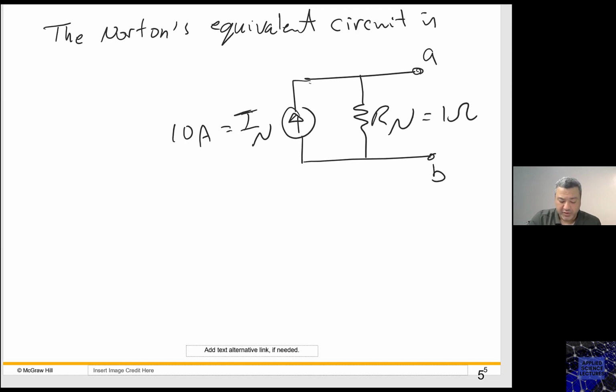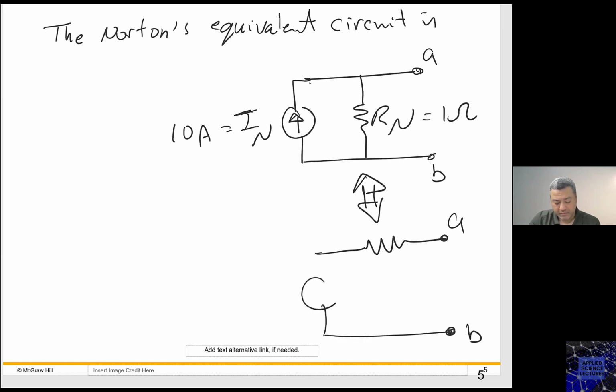So this one can be transformed back and forth even to the following, where V Thevenin would be the V open circuit, which is 10 volt, and this one would be R Thevenin equals to 1 ohm.